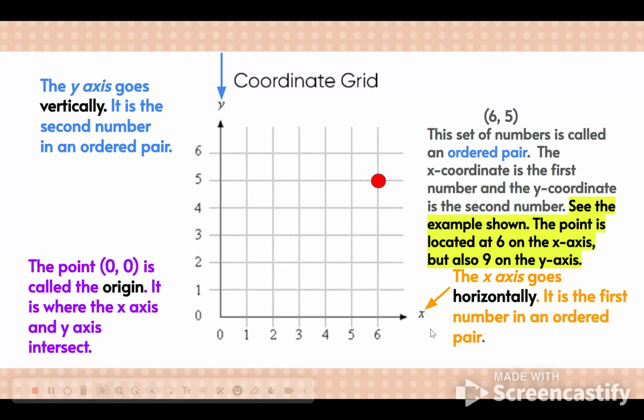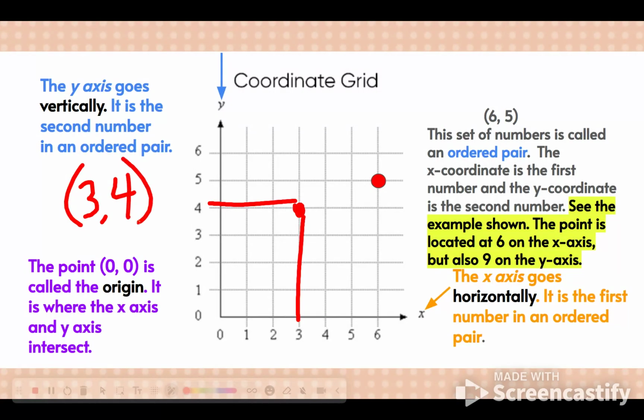I can give you another example. Let's see, I put the dot here. I'm looking where it is on the x. On the x, it is on 3. On the y, it is on 4. So my ordered pair would be 3, comma, 4. Let's do one more.